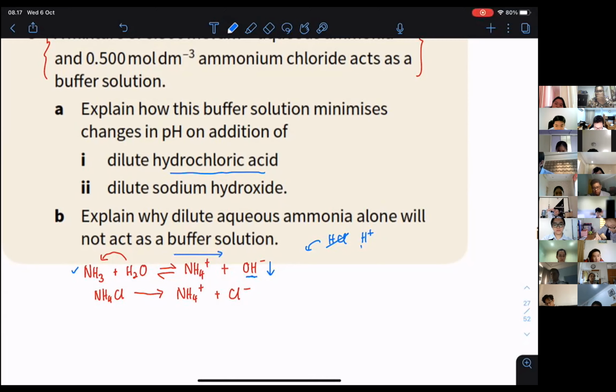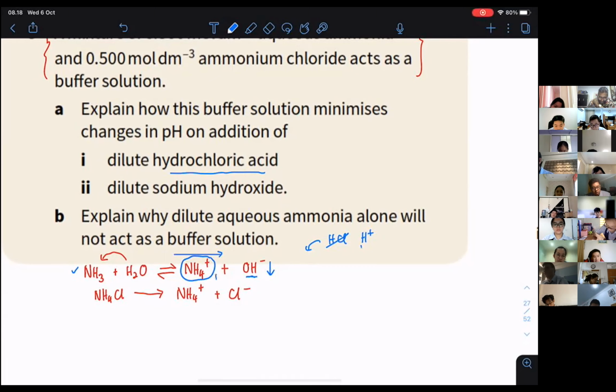During the time where it is moving to the right, you are forming more OH minus, no issue, because that is what we want. We don't want any change. But during that time, you are forming more ammonium.